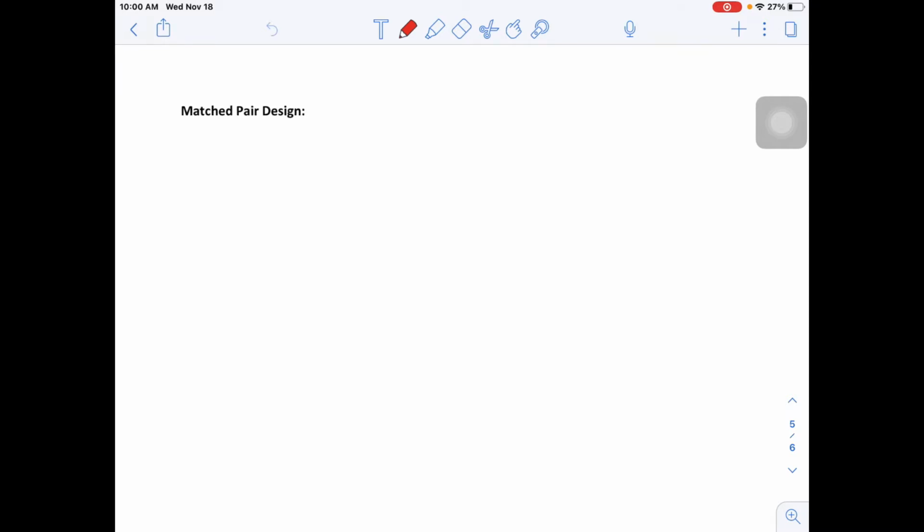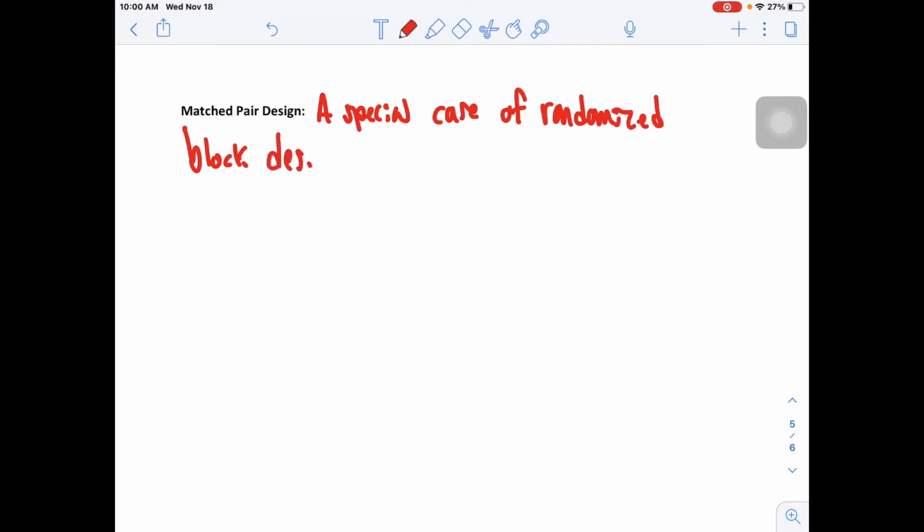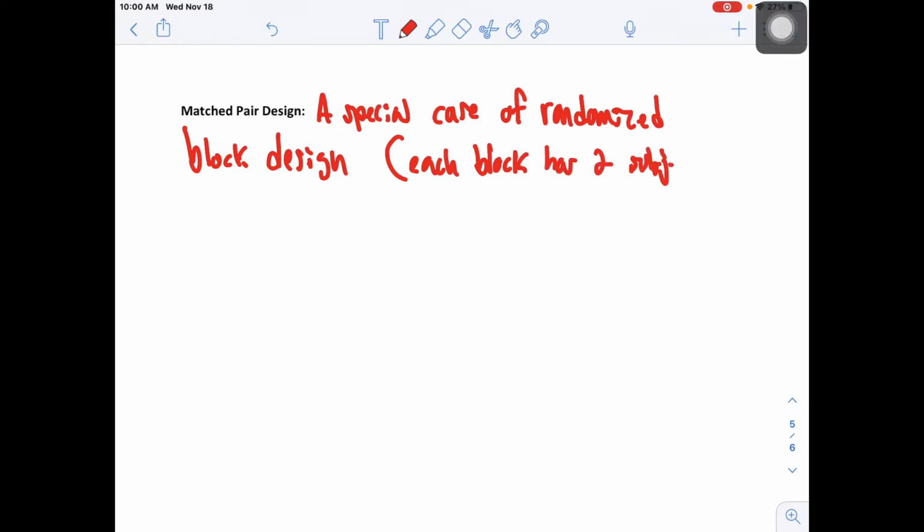What a matched pair design is, you can see it in the name, matched pair. It's a special case of randomized block design where each block will have two members, or two participants, or two subjects. Ideally, these two subjects are somehow related or somehow affect one another.